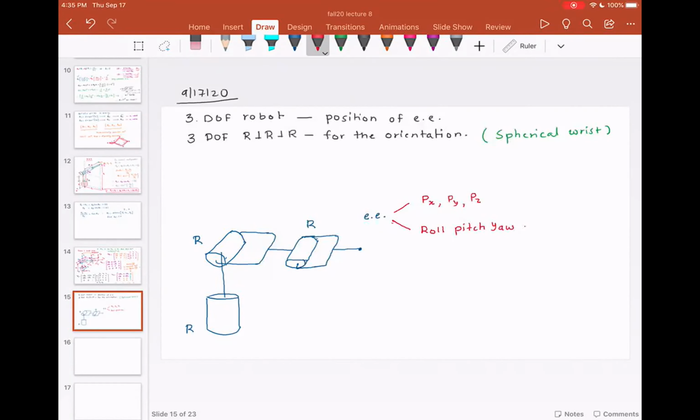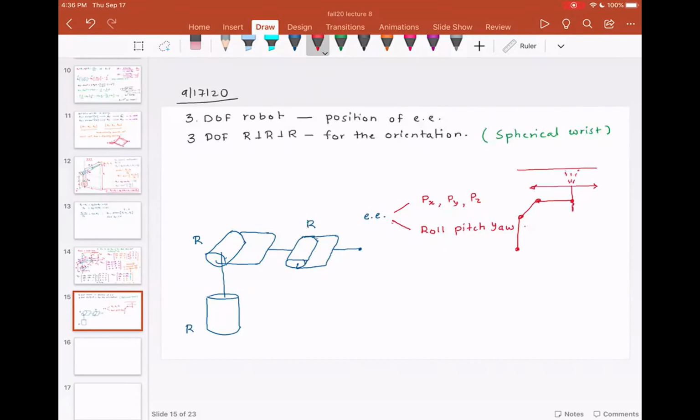A classic example is if you have a robot and you want that robot to be used for painting, then you need that paint can or paint gun to be oriented in a particular orientation. So for example, if you want to paint the ceiling, then you want to make sure that your paint gun is oriented in this orientation. And then you would have this robot arm, and this robot arm can actually go back and forth.